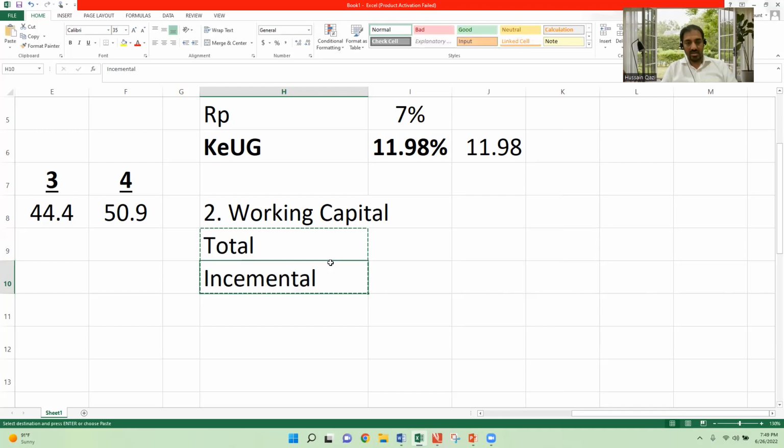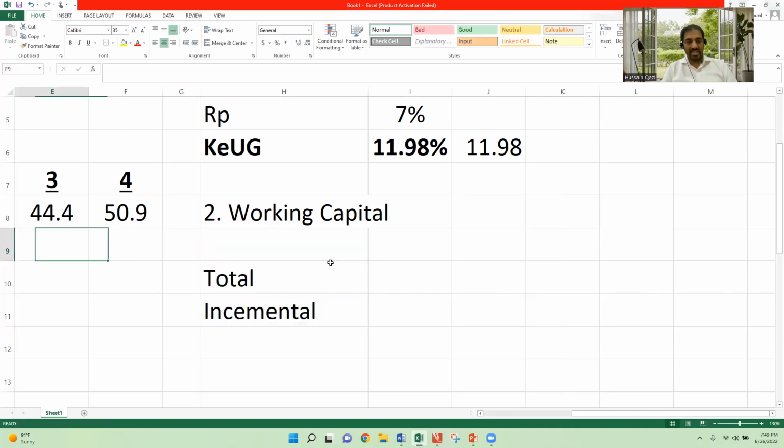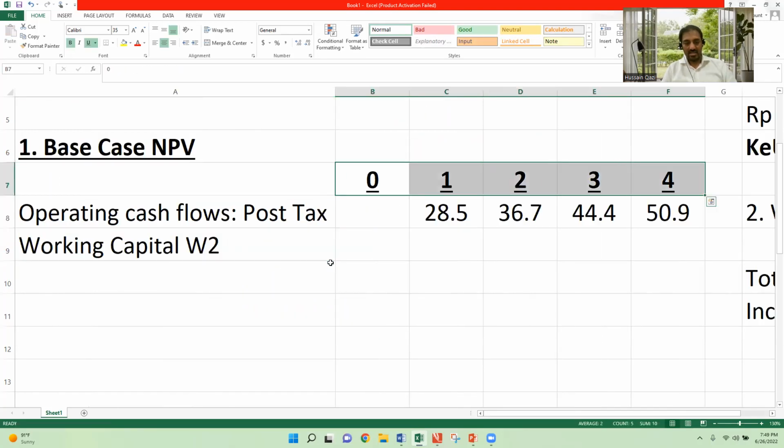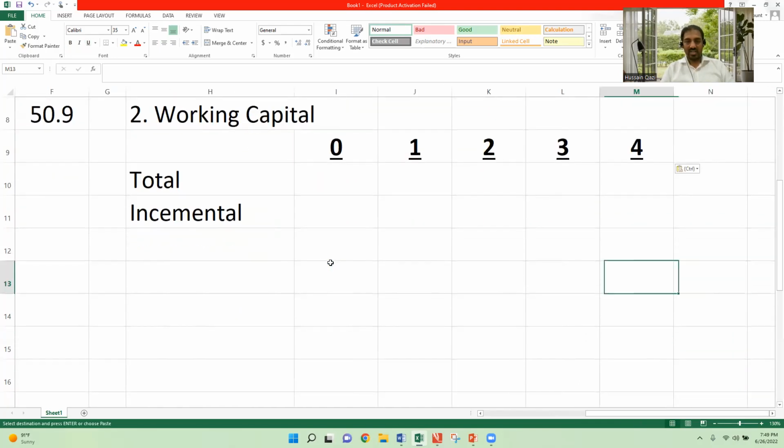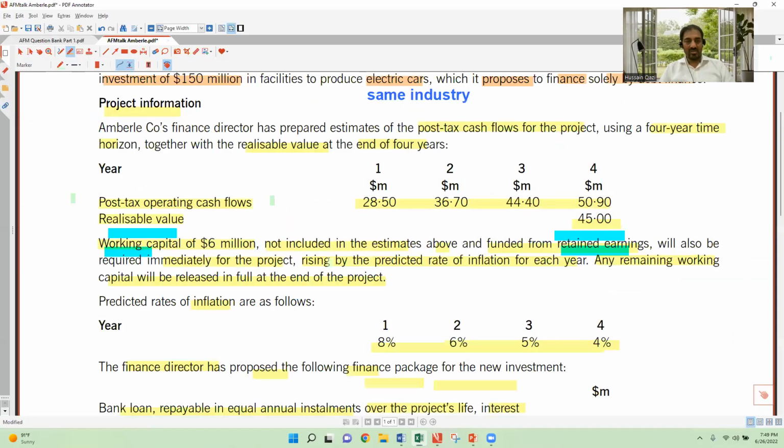It's very basic. And in fact, these are related to F9, based on the F9 working. So what about the working capital?